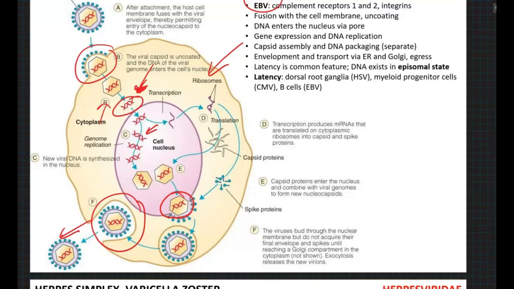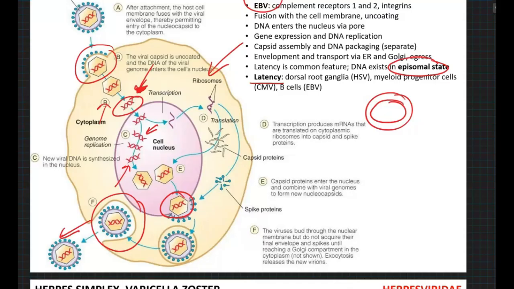The unique feature, not unique, but distinctive feature of all herpes viruses is that they can become latent, dormant. So basically, herpes virus DNA stays in the nucleus in a so-called episomal state. What does that mean? The linear DNA becomes circular and hangs out in the nucleus.